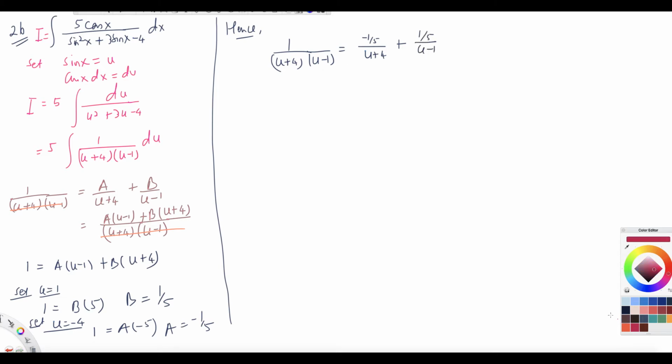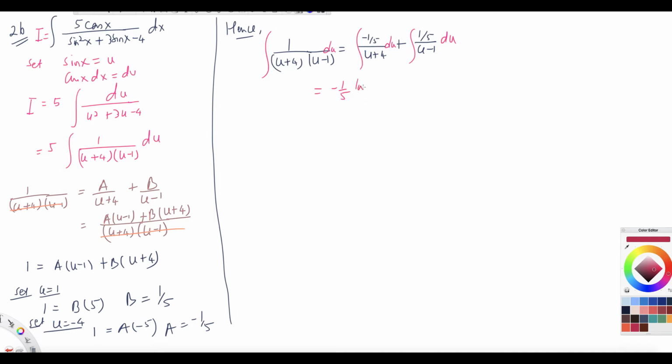Now let's add the integral sign there, and then that will be du, and then du, right? What do you get? That is equals negative 1/5. If you take the negative 1/5 out, what is left is 1, so the derivative of the denominator will be the numerator.